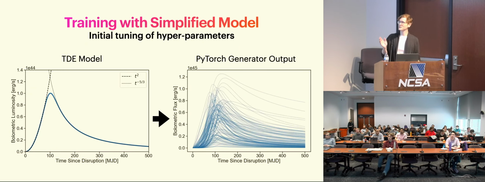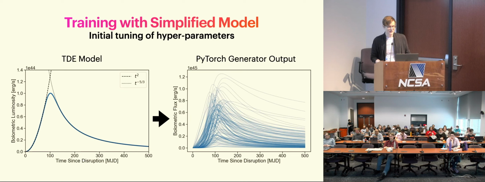So the first thing I did was piece together a simplified TDE model. There's many of these in the literature. The typical ones are basically assuming a Gaussian rise and a power law fallback. The other one is basically just putting two power laws together, which is the approach that I took, which gave me a loose estimate of what a TDE might or might not look like.